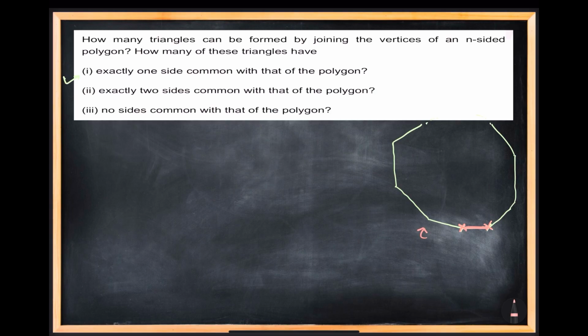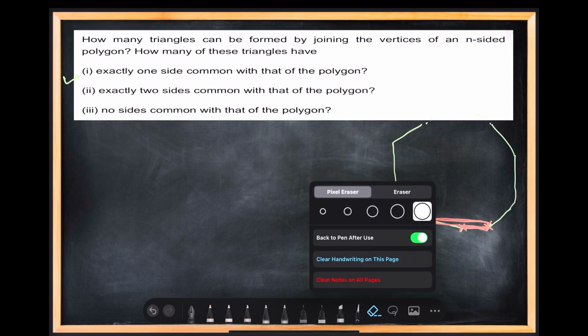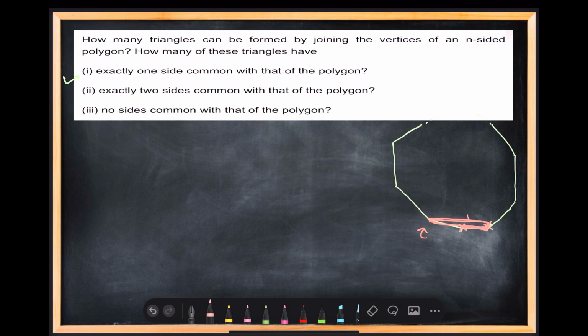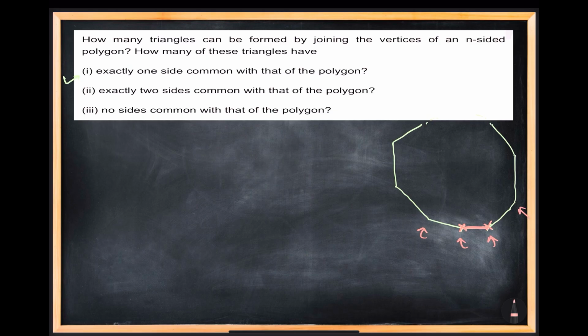Do you think you will allow me to take this point? No. Why? If I select this point, you will have a triangle which has two sides in common, correct? But we are interested in finding one side in common. So this is not the case. Now, will you allow me to take this point? Again not, because again we will have two sides in common, which is not the required case.